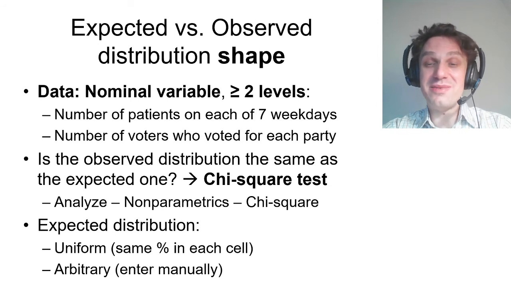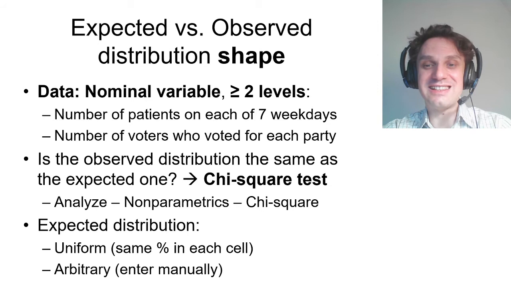Sometimes you might be interested in more specific assumptions of the shape of a distribution on a nominal variable. For example, you have a nominal variable with many levels, for example 7 days of the week, or 20 different parties, and you want to test whether the number of people who voted for each party is the same in the general population.